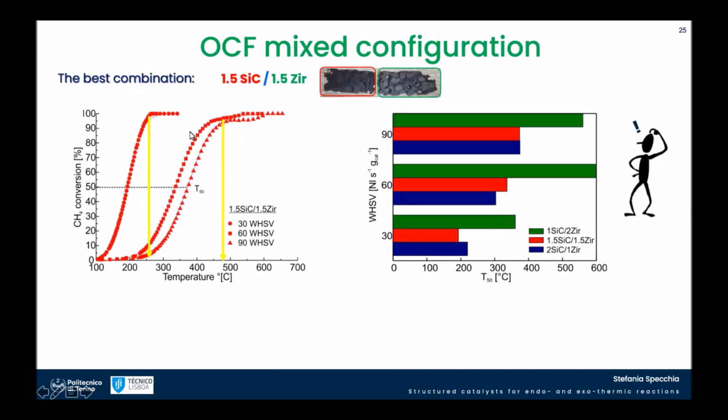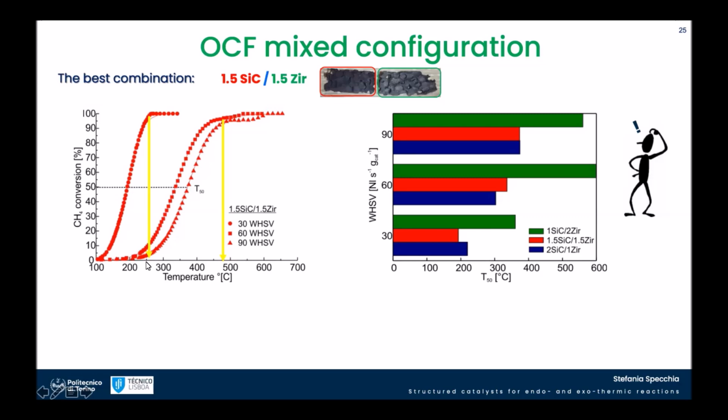So this is the best combination, with 3 different space velocities: 30, 60, and 90. With this half and half, we were able to reach full methane conversion at a little bit more than 200 degrees Celsius.